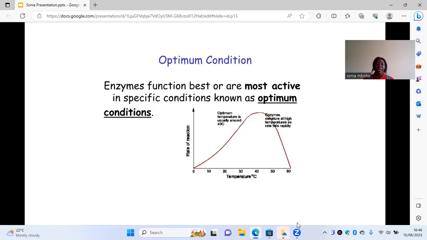Here is a picture of the rate of reaction at the optimum condition. The rate of reaction is on the side and the temperature needed is on the bottom. The temperature needed is up to here, around 40 usually. If it's above this or below this, then the process won't go well.